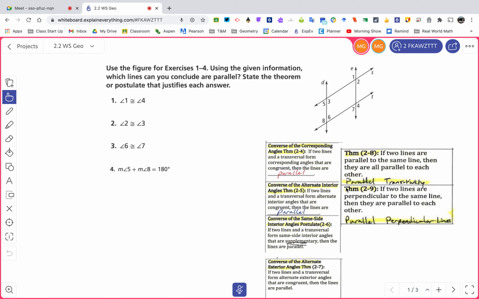If they're supplementary for same side interior, then we can say they are parallel. Then alternate exterior.